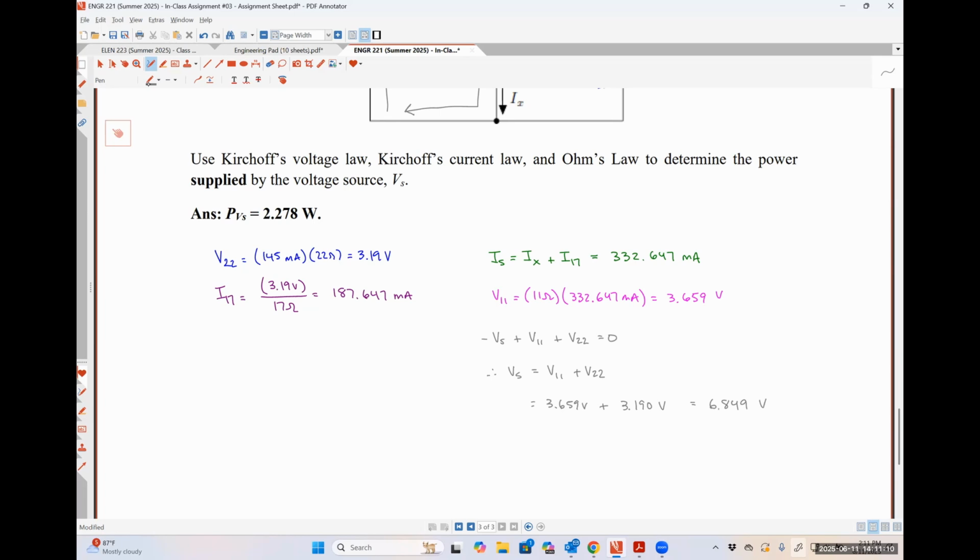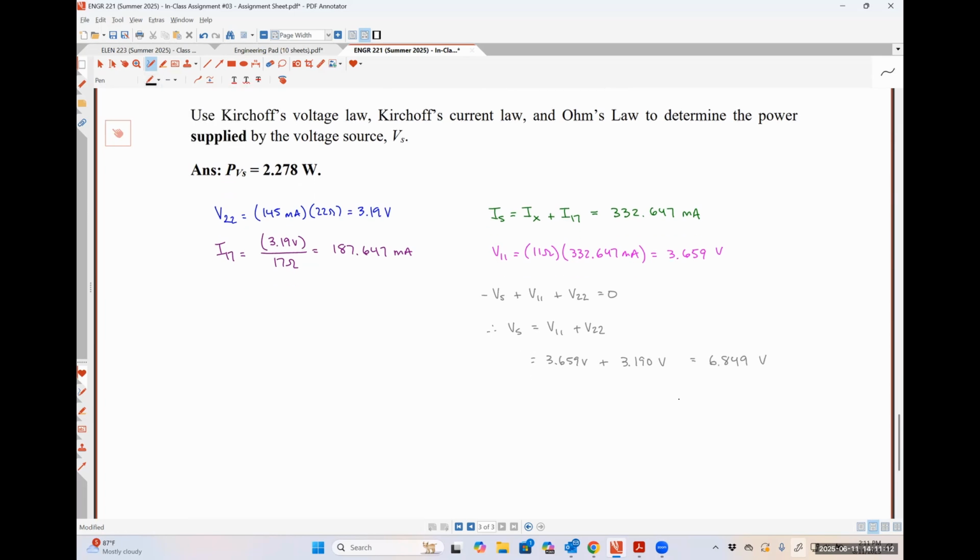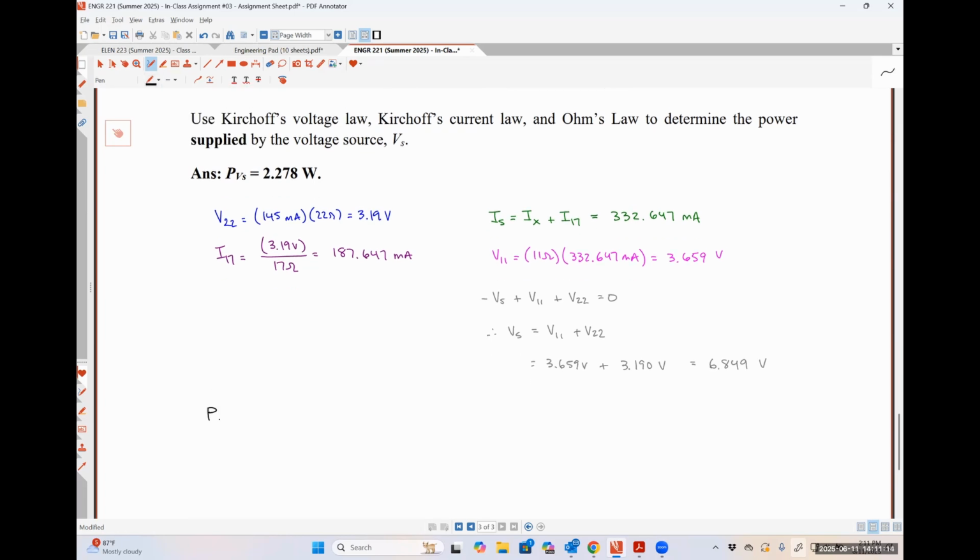And now my power is simply Vs multiplied by Is, or 6.849 volts multiplied by 332.647 milliamps.